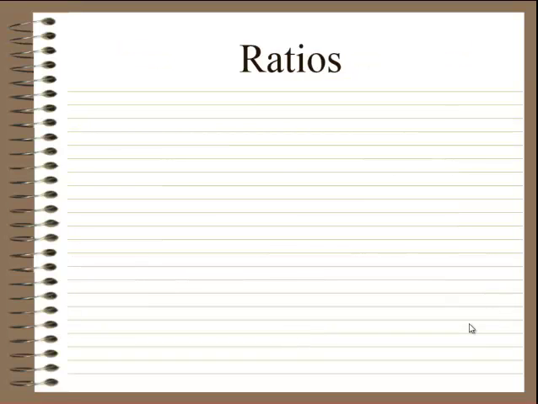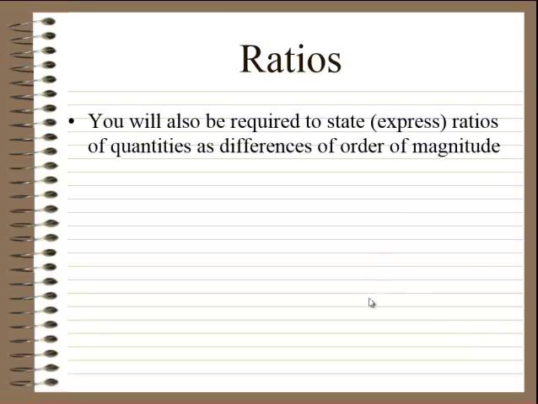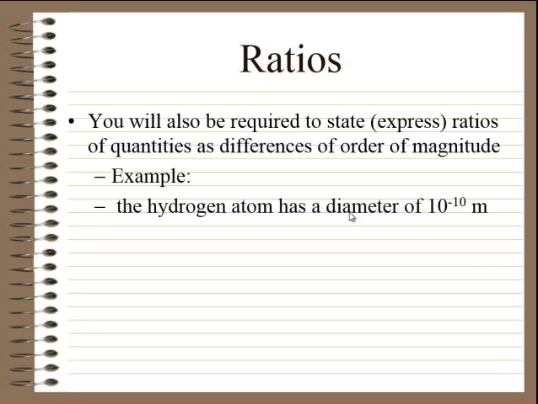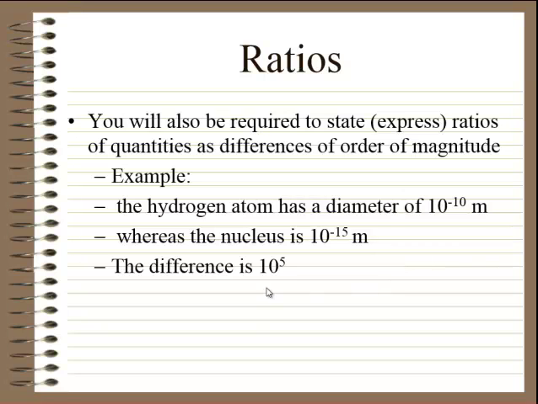Often you have to find the ratios of 2 orders of magnitude. I'll give an example here. So, to find these ratios, let's say the hydrogen atom has a diameter of 10 to the minus 10 meters, whereas a nucleus has a diameter of 10 to the minus 15 meters. So if I find the ratio of these two, I find out the difference here is 10 to the 5.